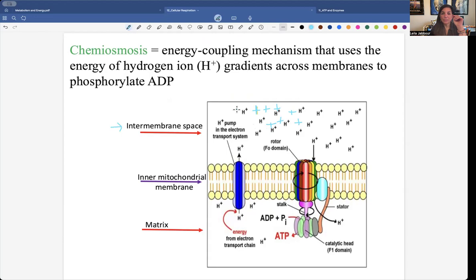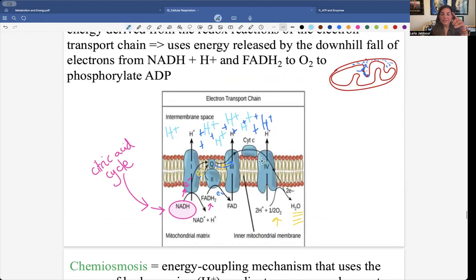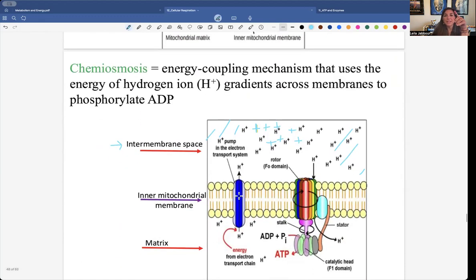This is the intermembrane space over here. Here, the electron transport chain, we're only showing one complex. This represents all the complexes, right? Basically, we're talking about these three out of the four pumping, pumping, pumping. So this is representing the whole chain, pumping hydrogen ions into that space.